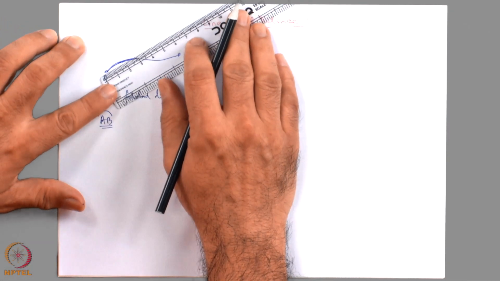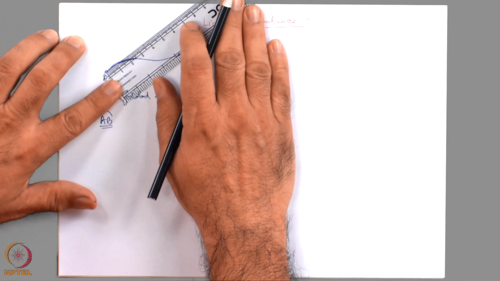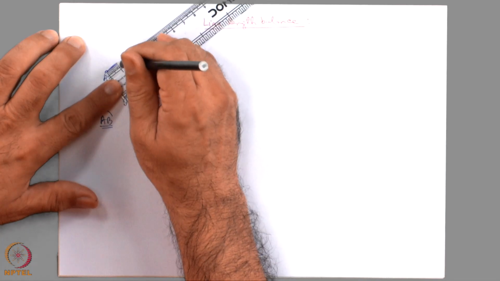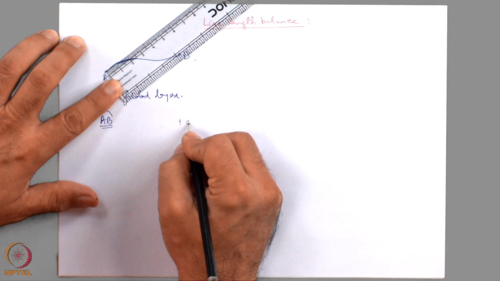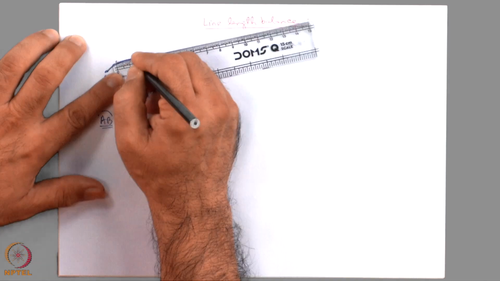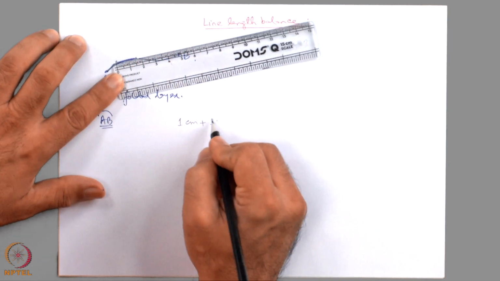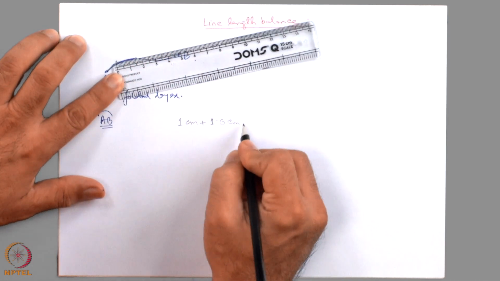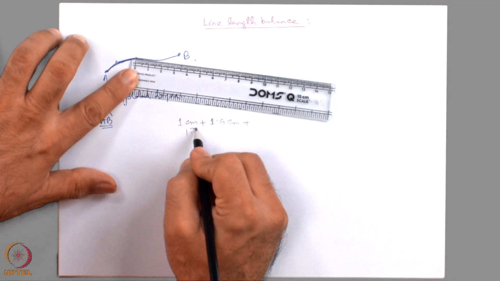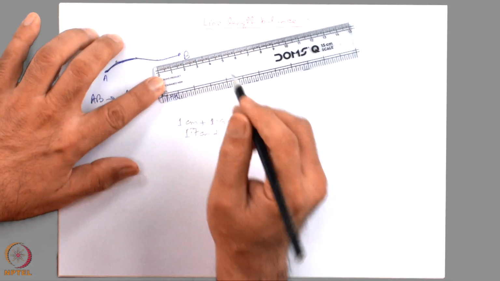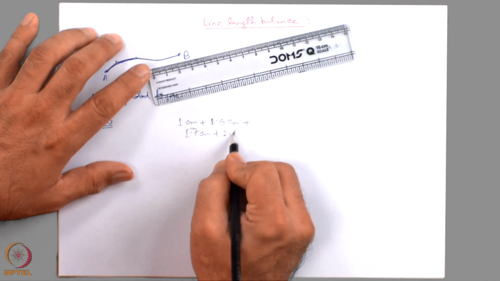We break this AB length into several short segments. The first segment that I have drawn is 1 centimeter, the next segment is 1.6 centimeter, the next segment is 1.7 centimeter, the next segment is 2.8 centimeter.